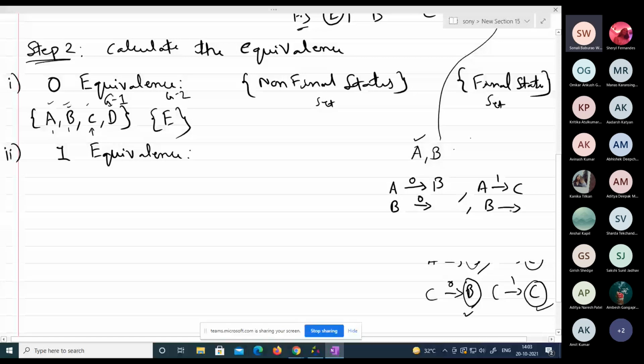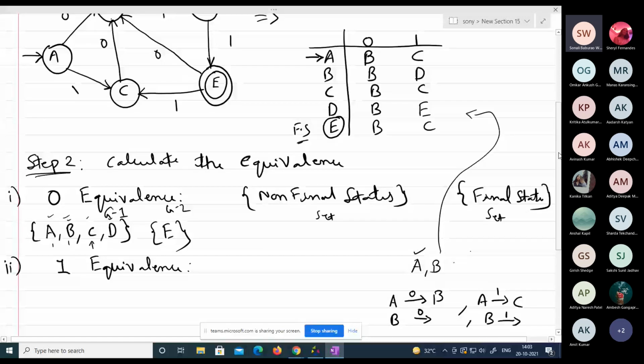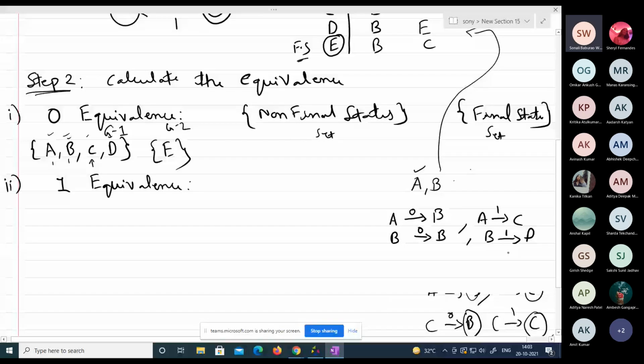Is this clear? So we have got how many values over here? And what are the values? As you can see, for AB we are getting BC and BD.